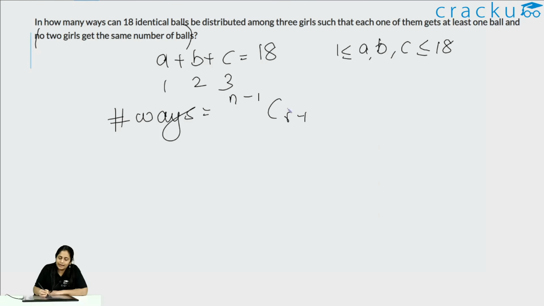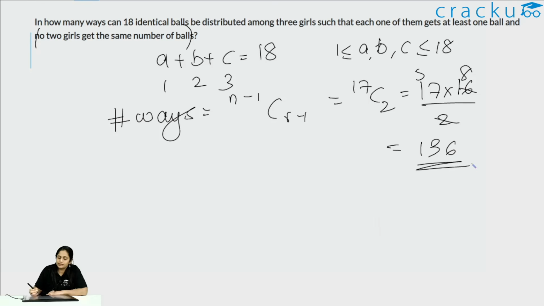Here n is 18 and r is 3, so this is 17 C 2, which is 17 into 16 by 2, that is 17 into 8, which is 136. So without the condition that no 2 girls get the same number of balls, you can distribute them in 136 ways.